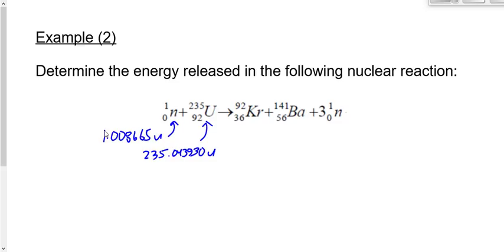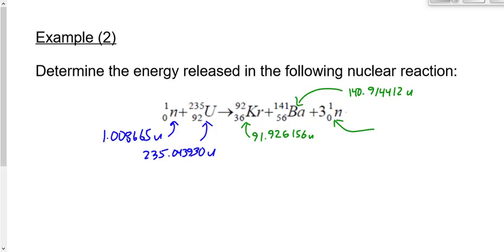Krypton has a mass of 91.926156 atomic mass units. And again, that's on a sheet. You don't need to memorize that number. Barium is 140.914412.